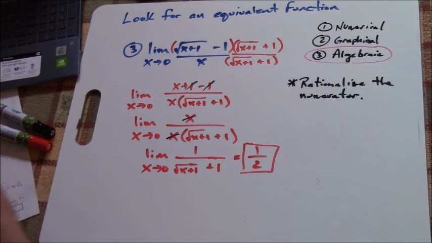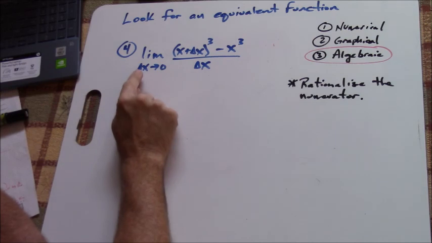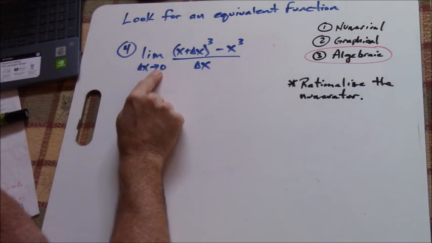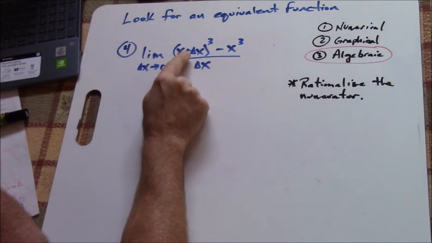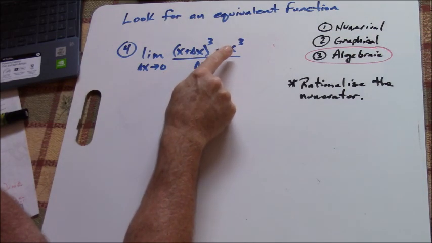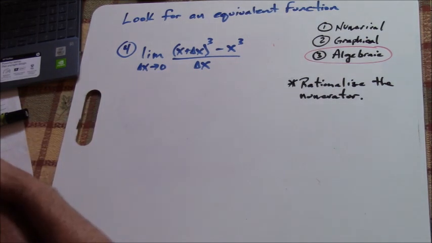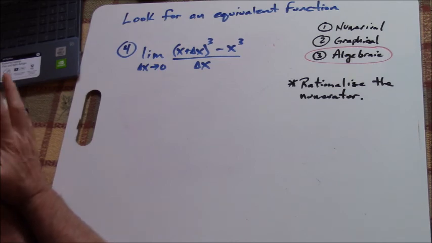Let's try another problem. All right, so we're trying to find the limit as delta x approaches 0 of (x plus delta x) cubed minus x cubed, all over delta x. You guys go ahead and try that. And again, this is really important.